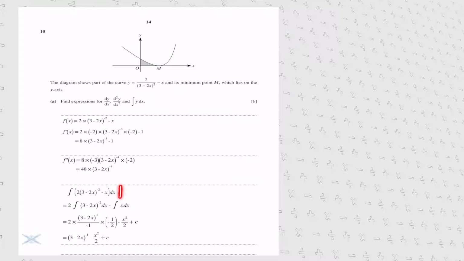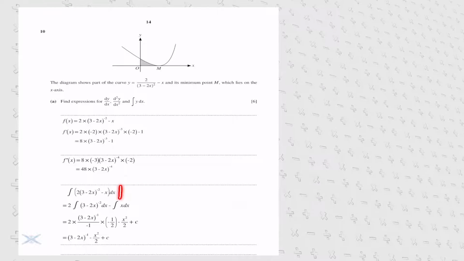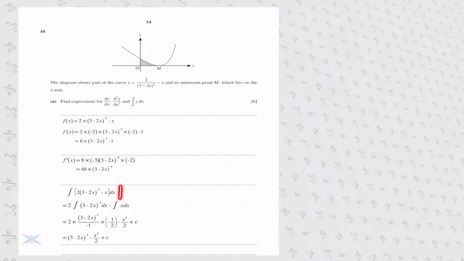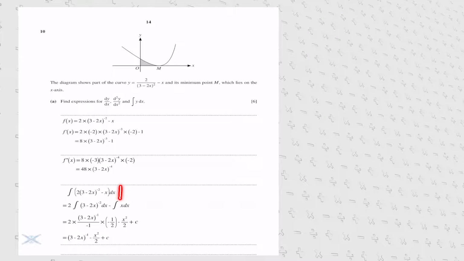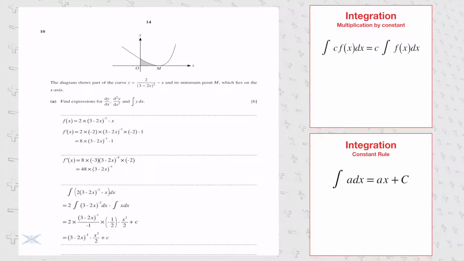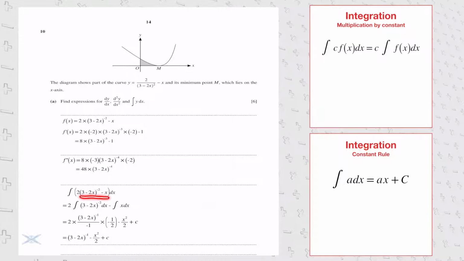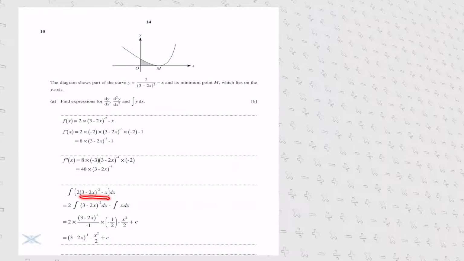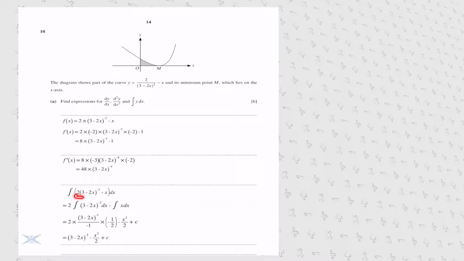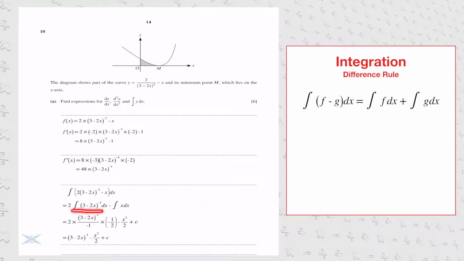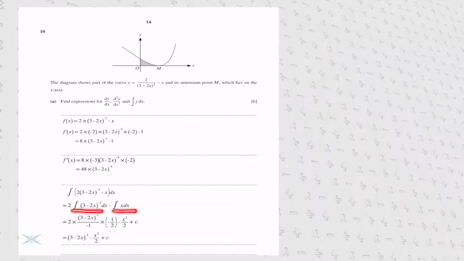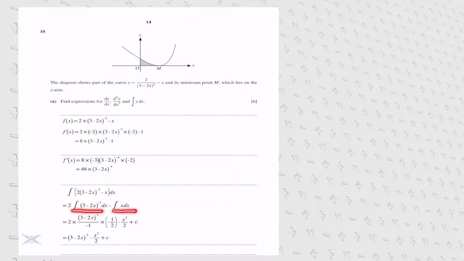Firstly, we will rewrite this integration employing both the factor rule, the constant rule, as well as the difference rule for integrations, which you are supplied with to the right hand side of your screen. The difference in this case being the term within the brackets minus x, and the factor within the first part being 2. Now for both integrations we can simply employ the power rule, which you again can find to the right hand side of your screen.